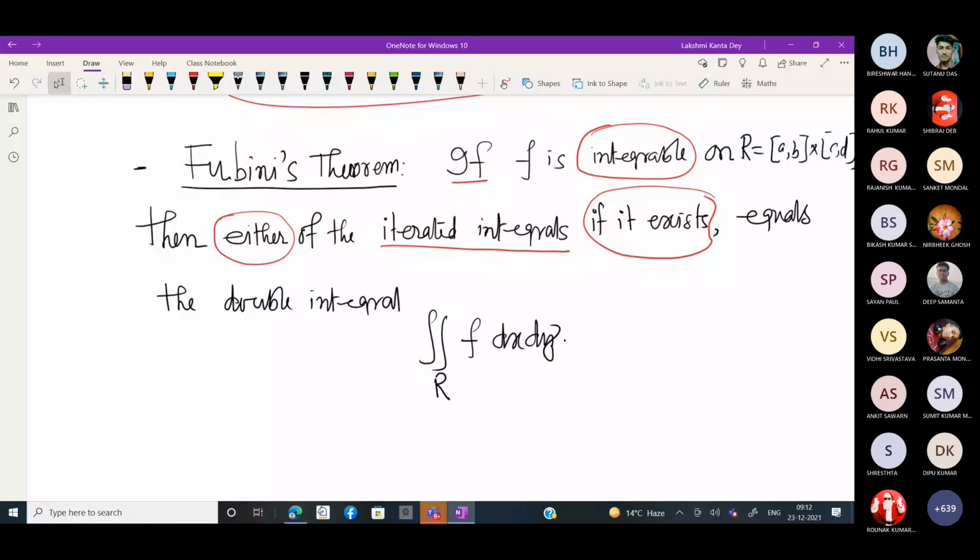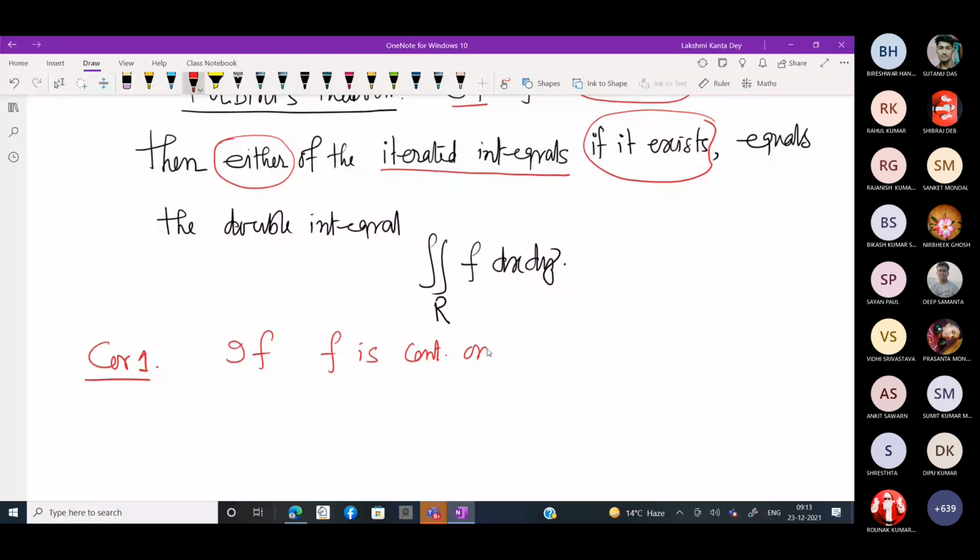So, first corollary: if f is continuous on R, then we get the very ideal situation.